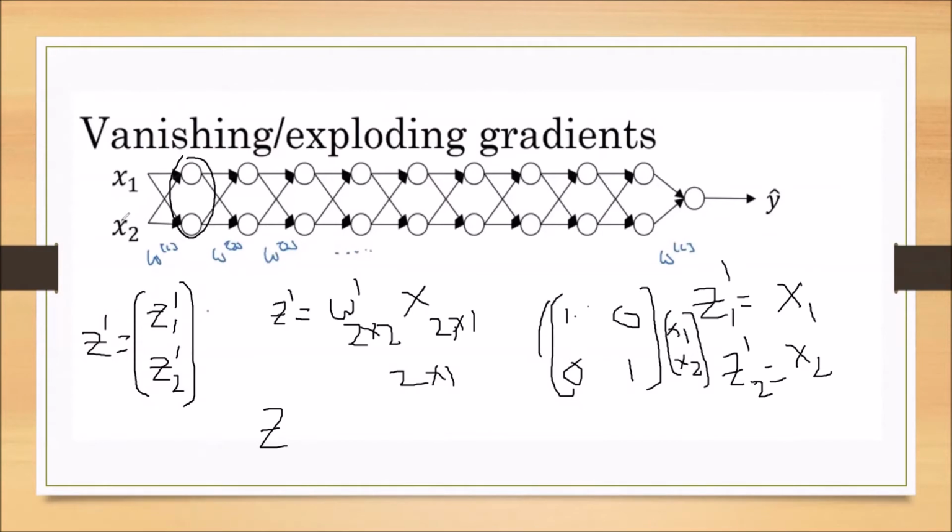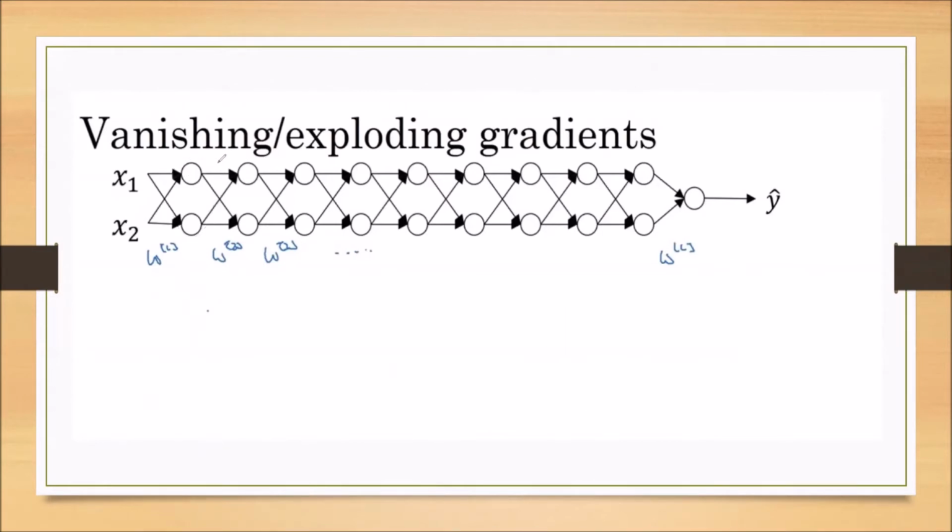It means the same X1 and X2 appear as outputs of the activation functions when we take W as an identity matrix. Similarly, if we take the identity matrix here also, the outputs will be X1 and X2. Here also, we get outputs X1 and X2.